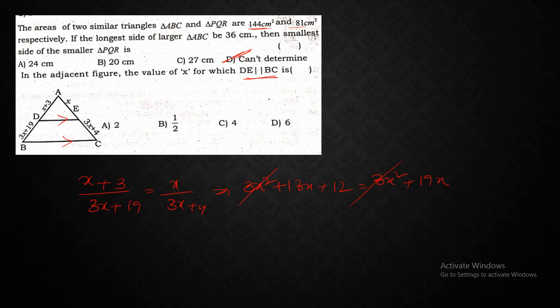On both sides I can cancel out 3x square. So this 13x, if I transpose, this becomes 9x is equal to 12. So x is equal to 2. So the answer is x is equal to 2, right?